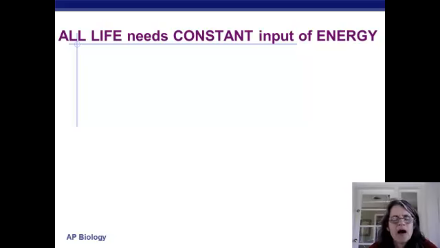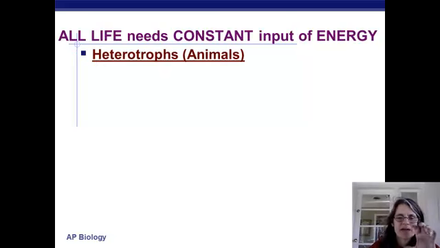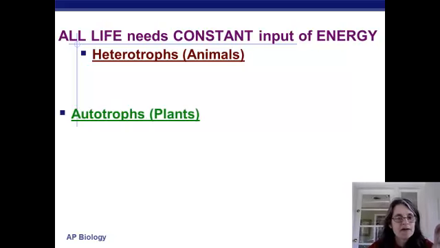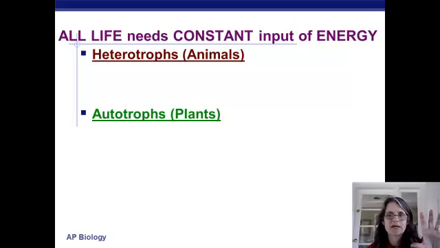So, before we jump into exactly the nitty-gritty of photosynthesis, we need to understand photosynthesis's place in the grand scheme of life on Earth. In order to do that, we need to think about the organisms that do it, the autotrophs, and how they compare with heterotrophs, okay?